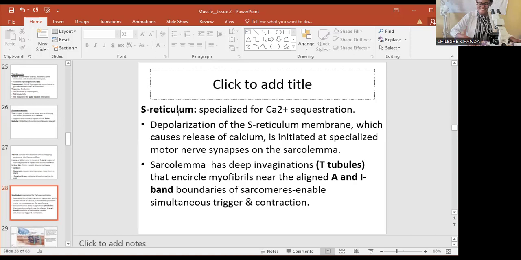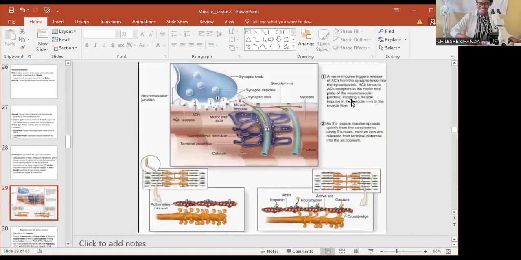Depolarization of the sarcoplasmic reticulum membrane, that is the smooth endoplasmic reticulum, which causes release of calcium, is initiated at specialized motor nerve synapses on the sarcolemma. You're going to go into detail in physiology, but I'm going to explain to you how muscle contracts.